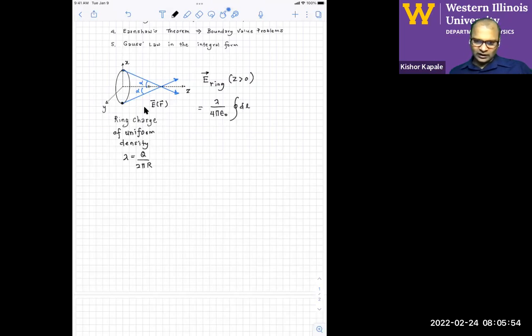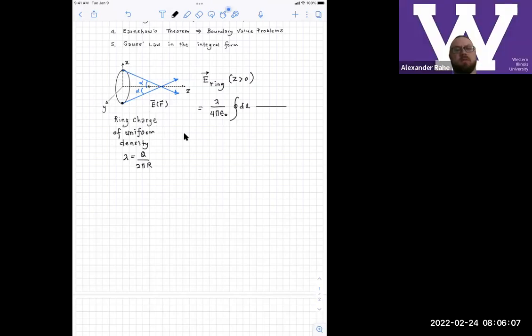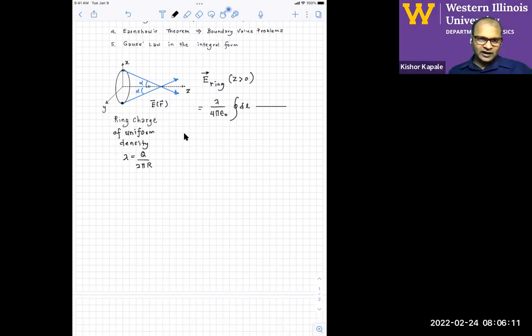What should go in here now in the rest of this stuff? Any thoughts anybody has? What's R minus? Okay, so let me point out first what is going on here, right? So this is r, right? And the coordinate of this point is some value z, right?